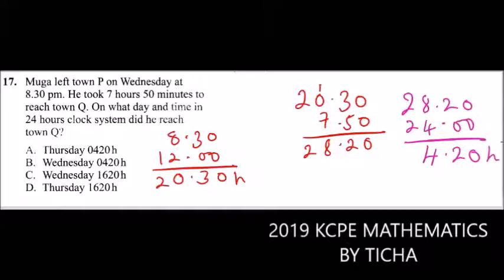Since he had left the town on Wednesday at 8:30 p.m., he reached town Q on Thursday at 4:20 in the morning. So the correct answer we have here is A.